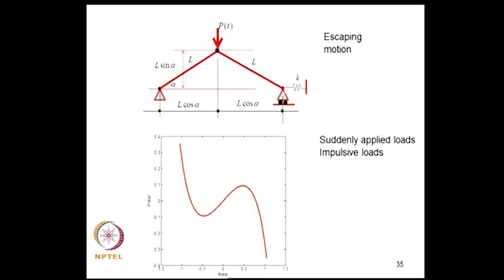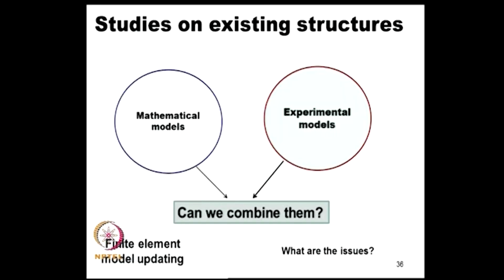So, we move on now to a new module, that addresses studies on existing structures. Before a structure comes into existence, the only way we can investigate how the structure might behave is through developing mathematical models.